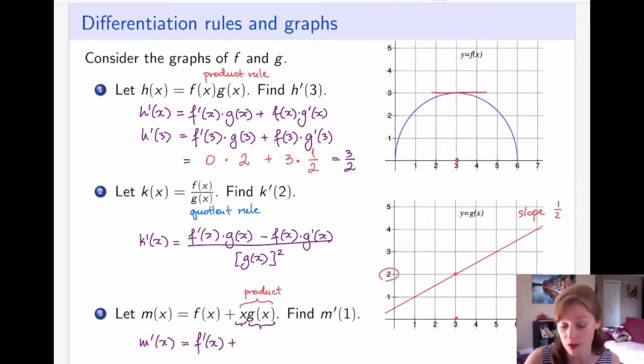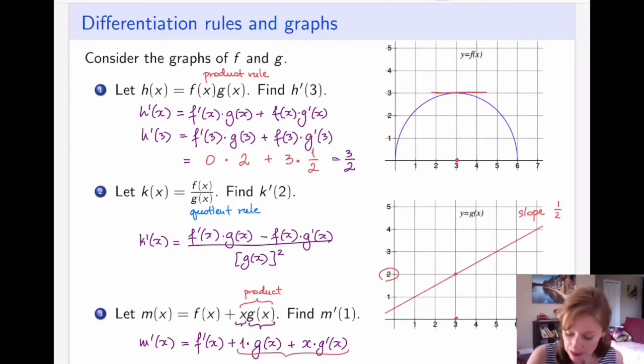So the derivative of x is just 1, times the function g of x, plus I leave the first function alone and I take a derivative of the second. Okay, so this is what the product rule on that second portion of the function gave me. Okay, and now once again, I'm asked to compute this at a particular point, 1 in this case.